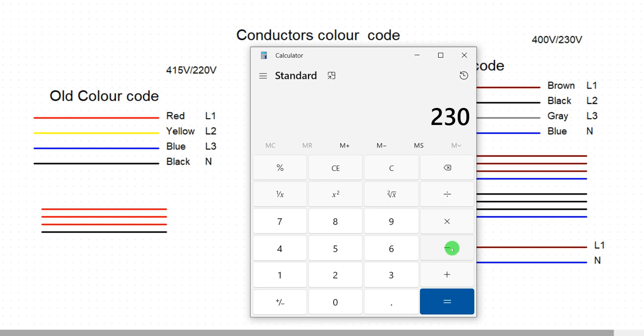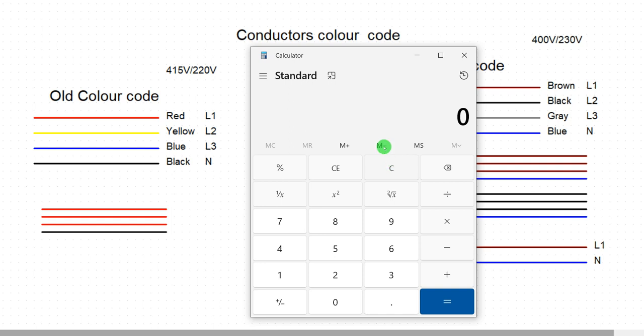We now say minus 11.5. So our equipment on single phase is going to work optimally and efficiently if we regulate our supply within 218.5. So your voltage shouldn't drop more than 218.5 volts.